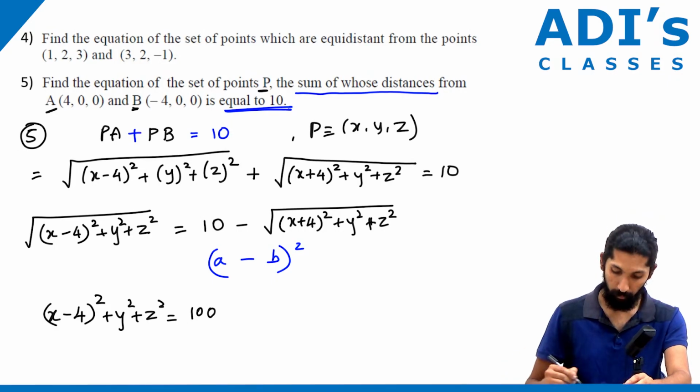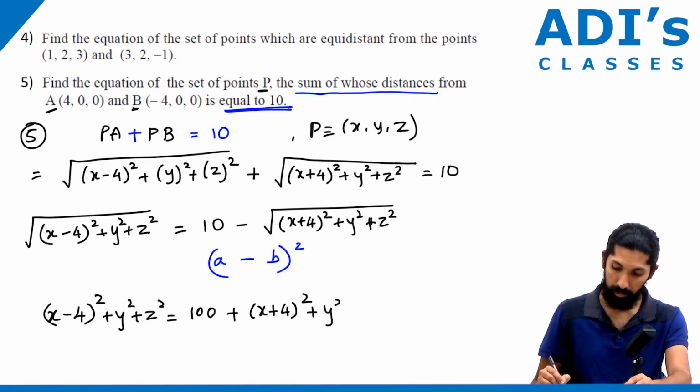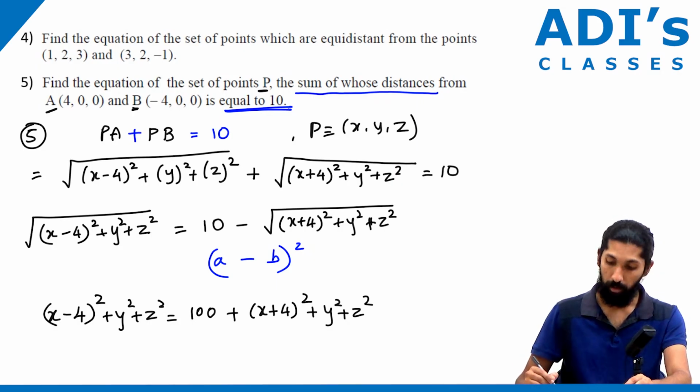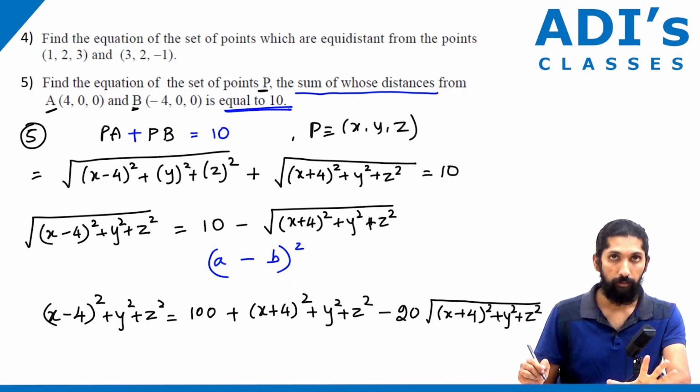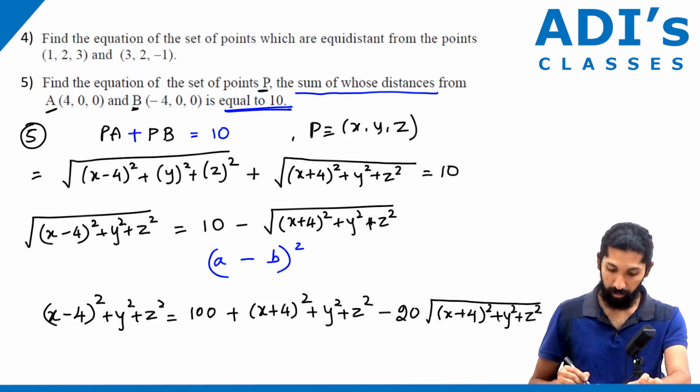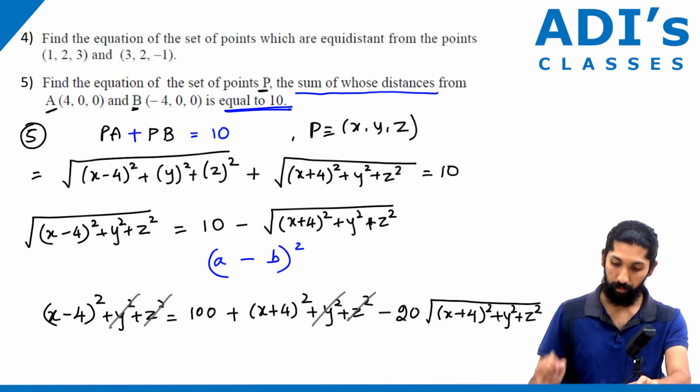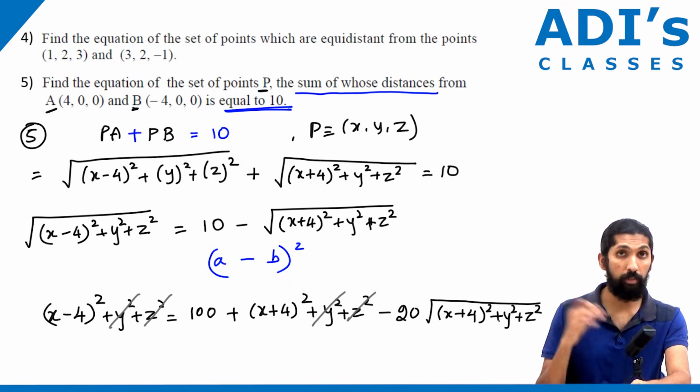So a square plus b square, that's x plus 4 whole square plus y square plus z square, minus 2 into 10, which is 20, into root of x plus 4 whole square plus y square plus z square. Fine. Now, what cancels out here? Y square z square, y square z square. Correct? Now, we'll expand on both LHS and RHS.